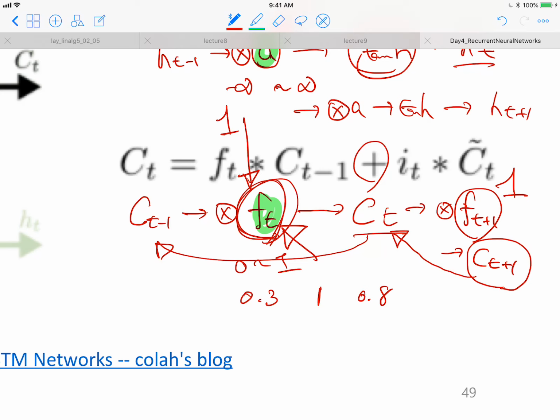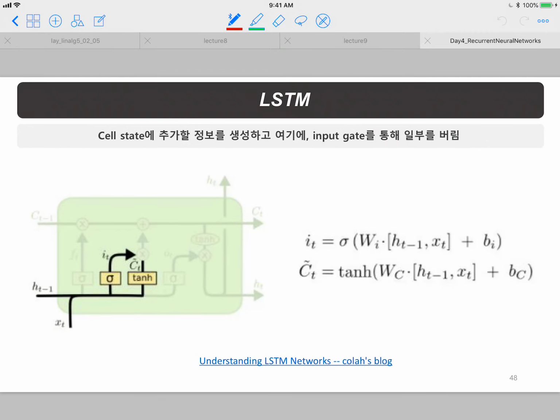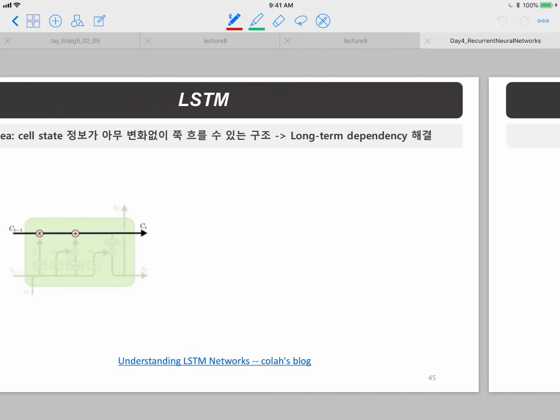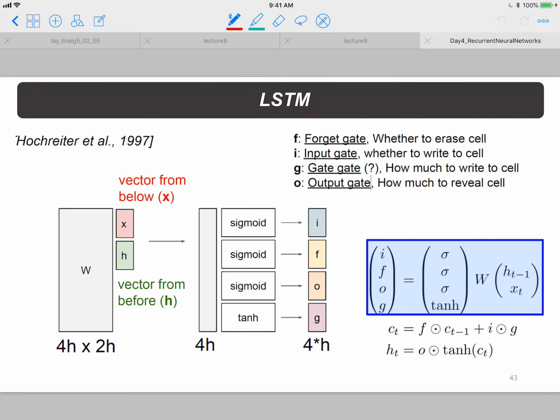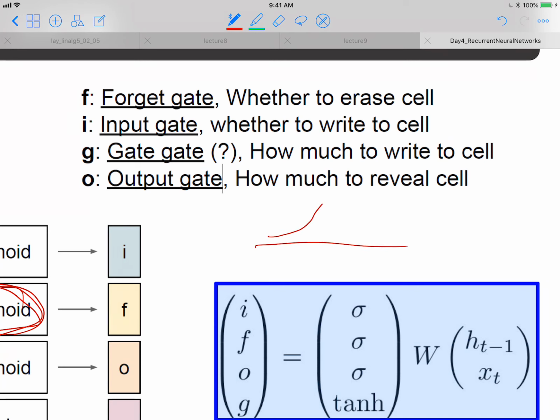But it's actually not difficult, because f_t is an output from this sigmoid gate, right? In terms of our sigmoid function, here is 0.5, and what is the region that will generate a sigmoid output of 1?